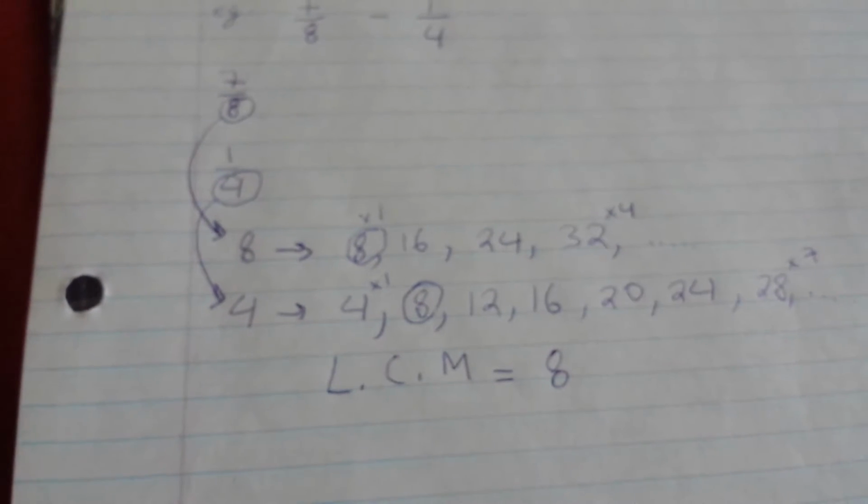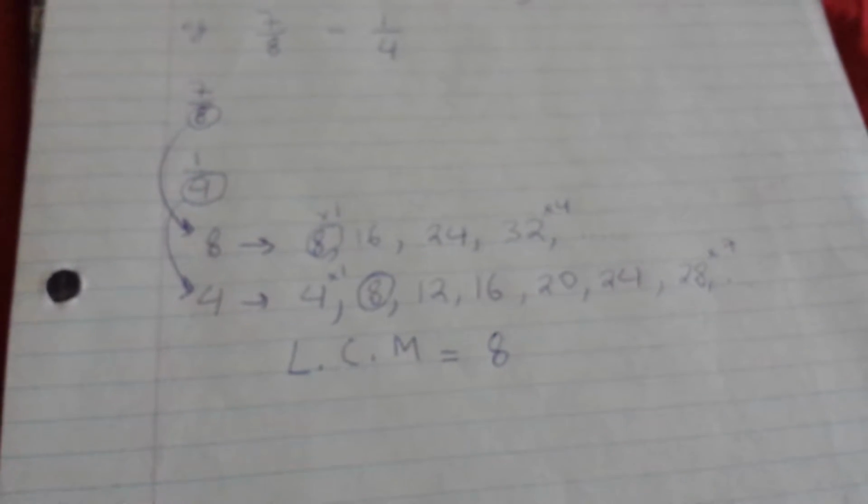Well, the more you practice adding and subtracting fractions, especially when they don't have the same denominators, with time and practice you don't need to go through this process of listing all the multiples of 8 and all the multiples of 4.